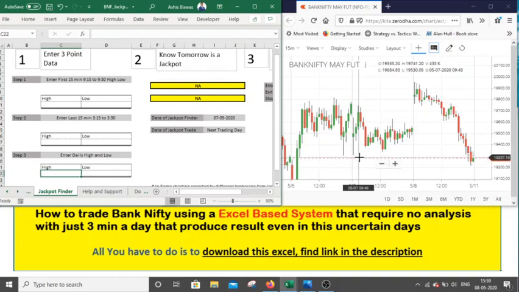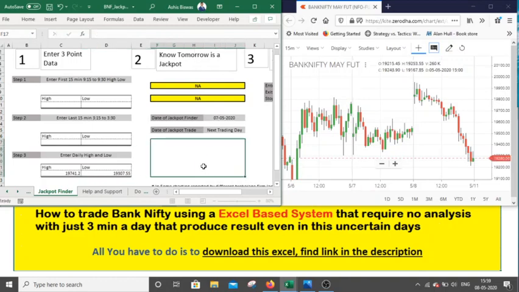This is a 15-minute candlestick chart, and the high of yesterday was 19741.20. And the low for the day was in this candle, 19307.55. I entered this data.